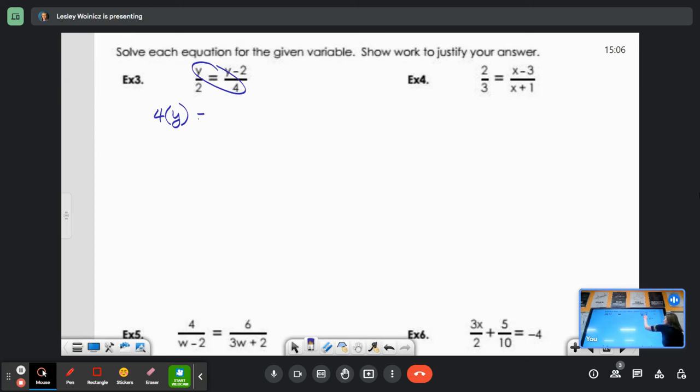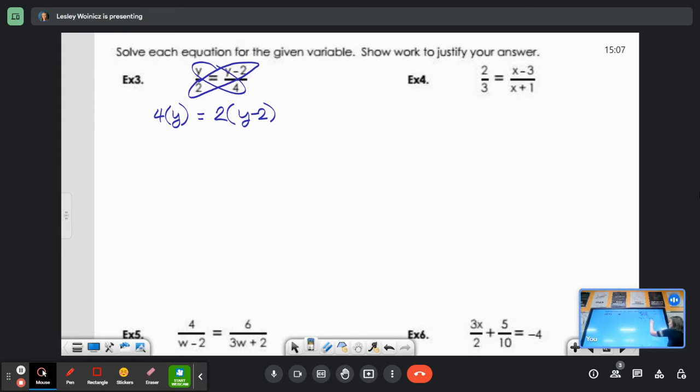And then I'm going to multiply on this other diagonal. I'm not just multiplying 2 with the y. I'm multiplying 2 with the difference y minus 2. So it has to go in parentheses because I want to times that whole thing by 2. So I'm going to say 2 times the whole thing, y minus 2. I'm going to have to distribute, yes.